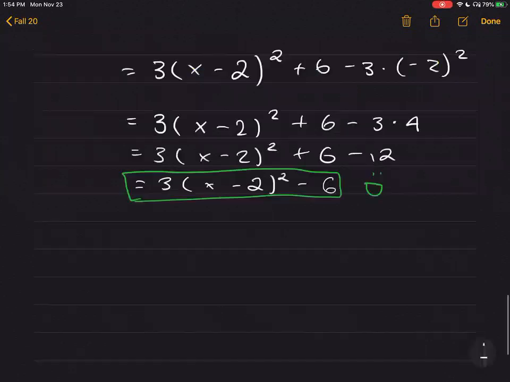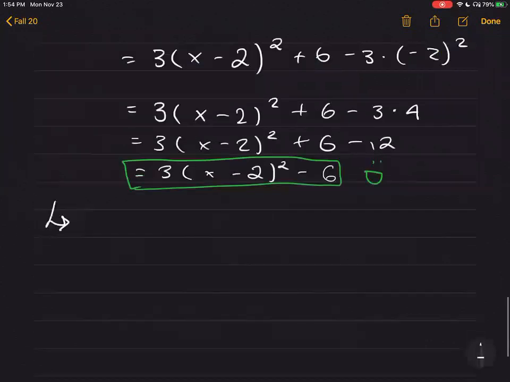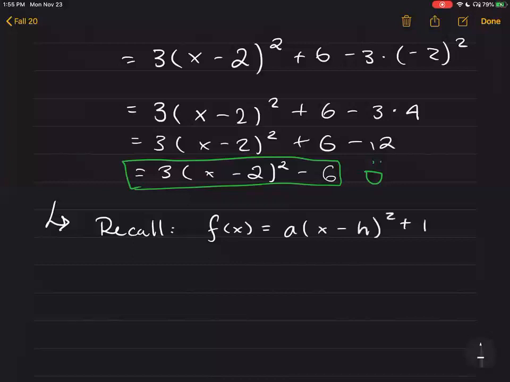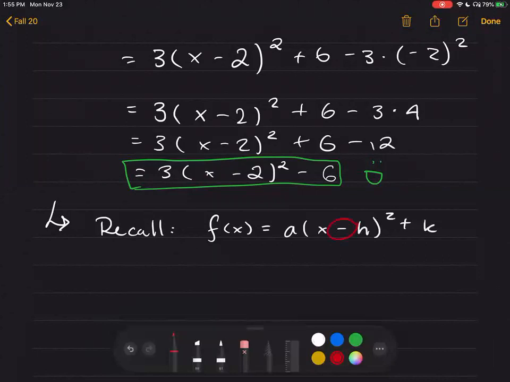And so from here, some people had difficulty taking this and finding the vertex. You have to remember, so recall that the standard form is a times x minus h squared plus k. And you have to be very careful because this is a minus and this is a plus.